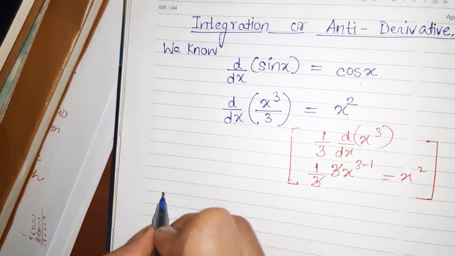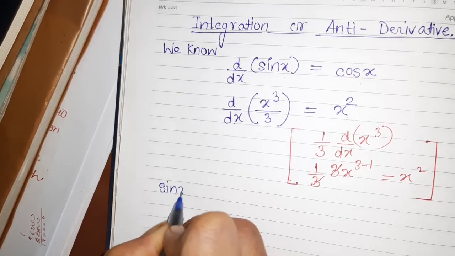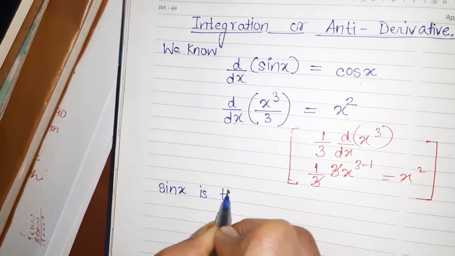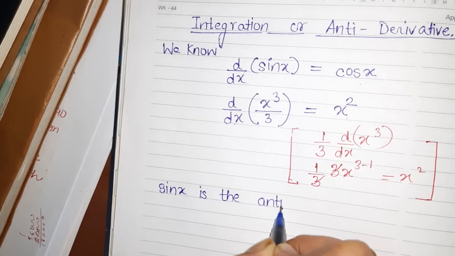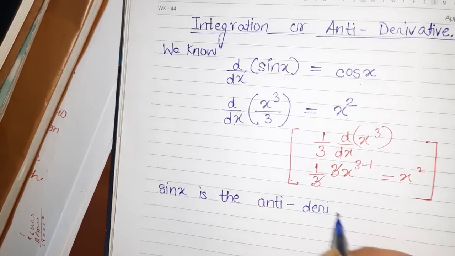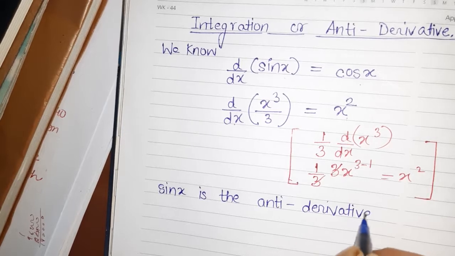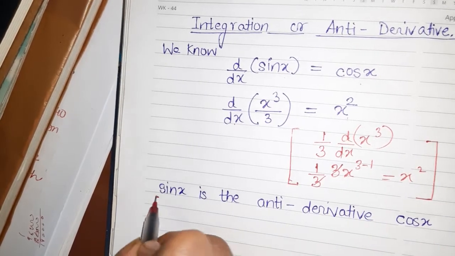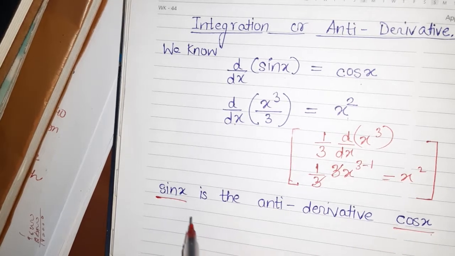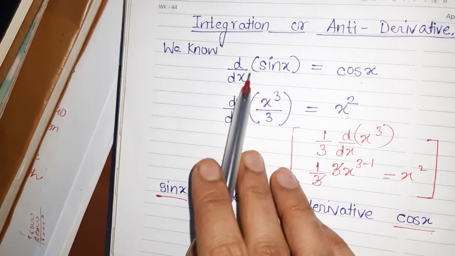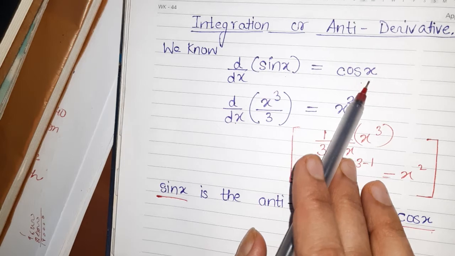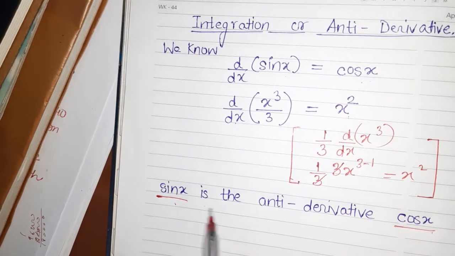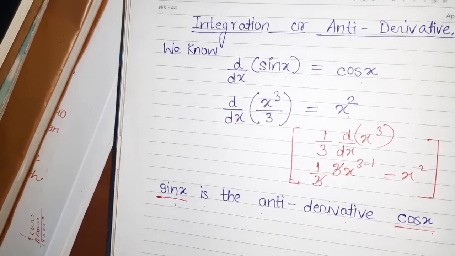Therefore we can say sin x is the antiderivative of cos x, because differentiation of sin x is cos x.